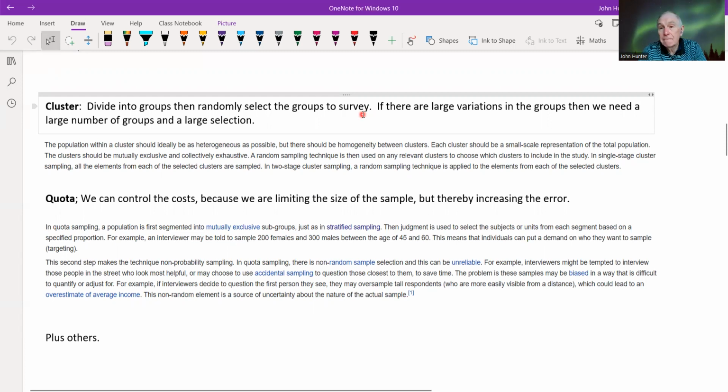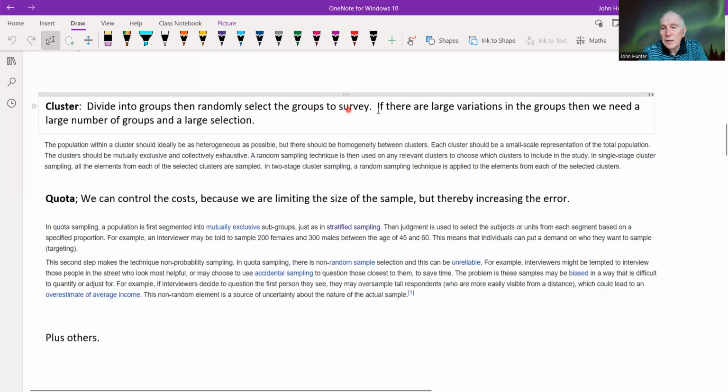We might say, okay, let's choose at random 5 of those towns, and then we'll go through and survey those towns. So yeah, it is random, but again, if you just happen to choose the town with lots of retirees in it, then you may well get a distorted result.